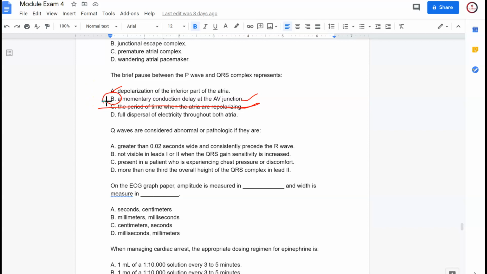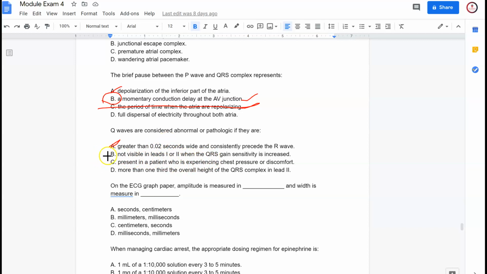Momentary conduction delay. Q waves are considered abnormal or pathologic when greater than 0.02 seconds wide and consistently precede the R wave. No, it's okay. That's not terrible. Are not visible in these 1 or 2.